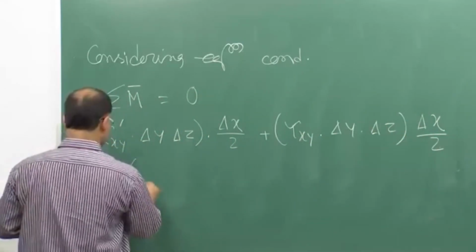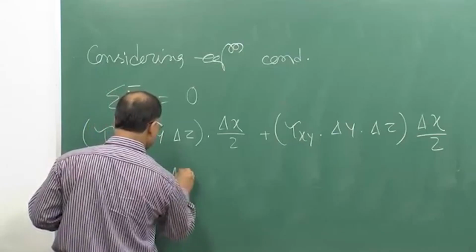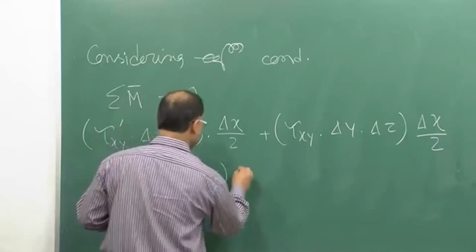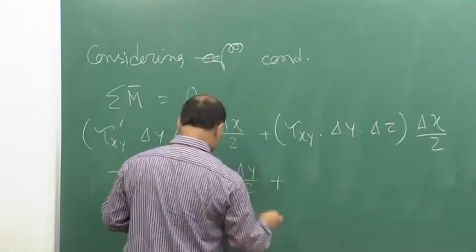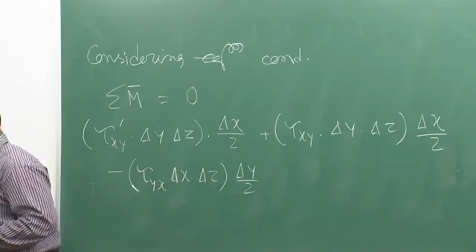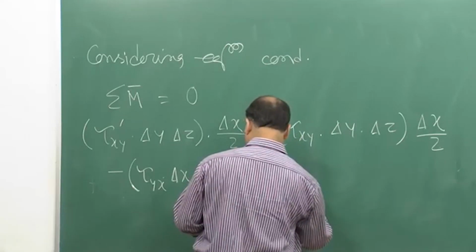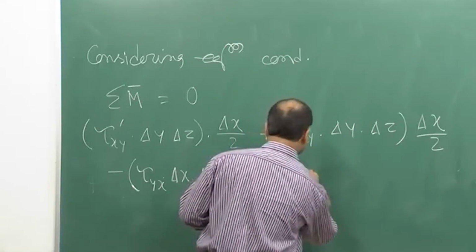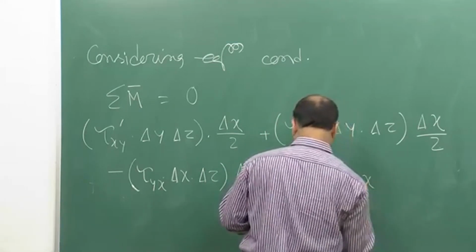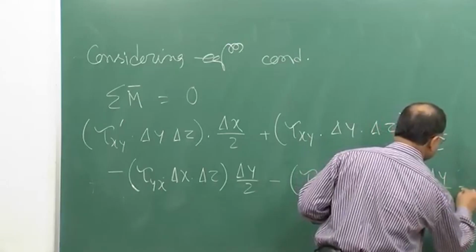Minus, if you look at the figure you will get it, tau yx del x del z into del y by 2, minus tau yx prime del x del z into del y by 2, equal to 0.